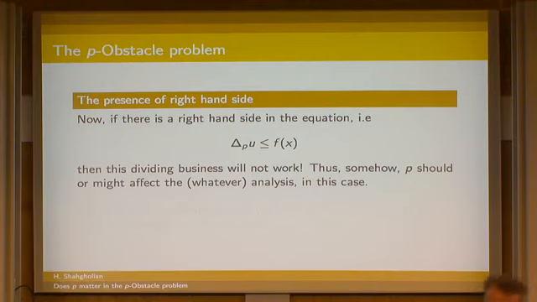I mean, in terms of viscosity, nothing happens here. If you just think of viscosity sense, you touch it by a parabola from below, and the operator still tells you that it's going the way you want it. So from the viscosity sense, it really doesn't matter.